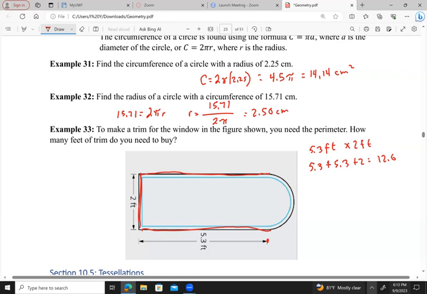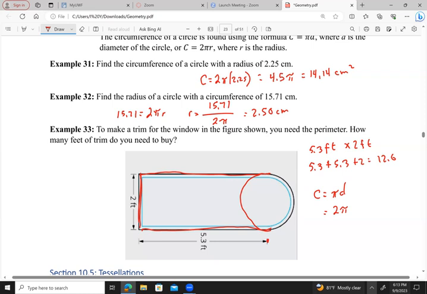Now what I have here is half a circle with a diameter of 2. So remember, the circumference of the circle is pi times the diameter. And we're looking at diameter of 2.